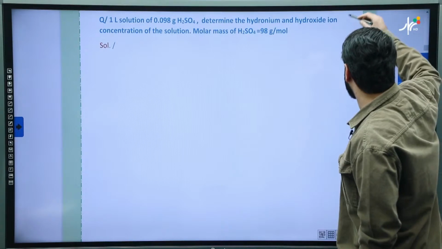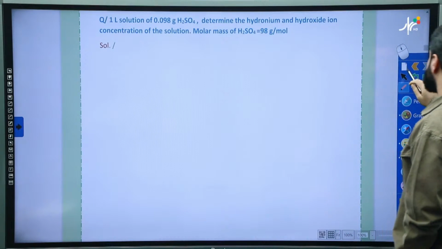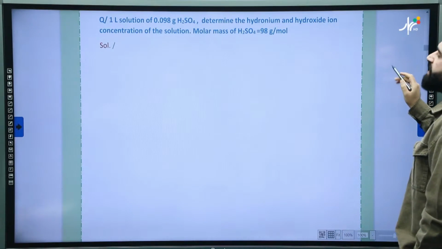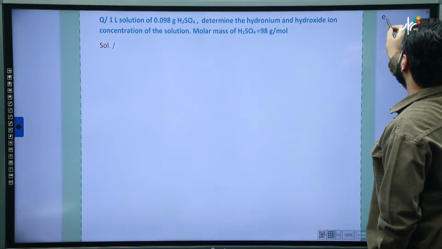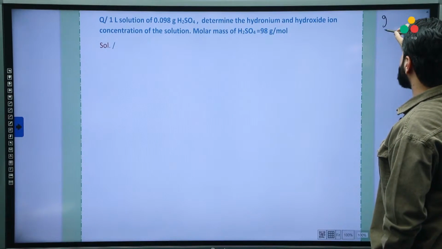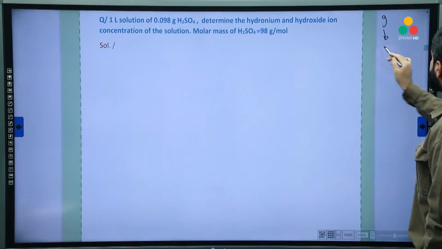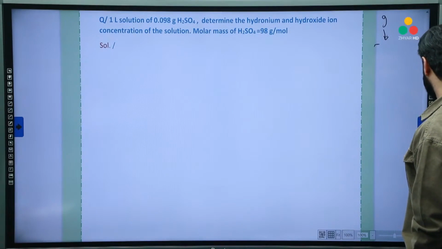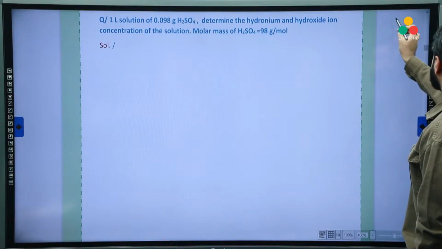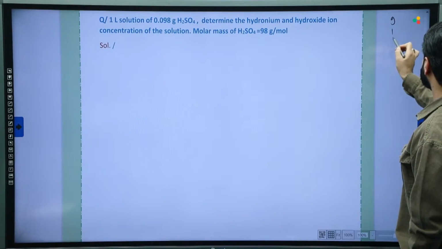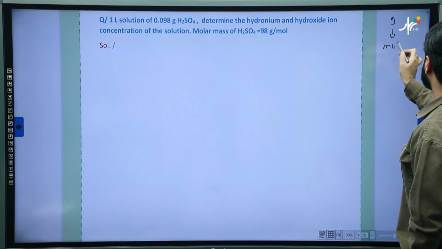I'll draw the flow chart for solving a question if we have grams. What are we going to do with the grams? We have to turn grams into moles.